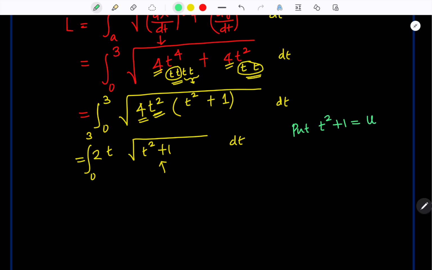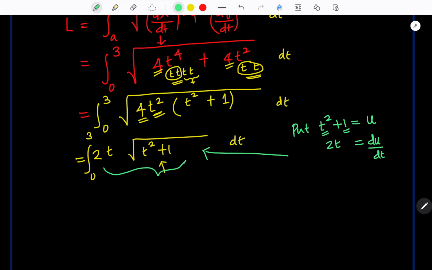When I put u, the next step is to take the derivative, du divided by dt, with respect to t. So the derivative is 2t, plus the derivative of 1, which is 0. Now look back at the equation.